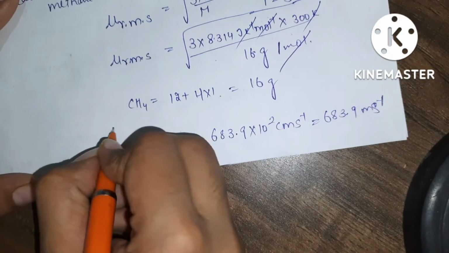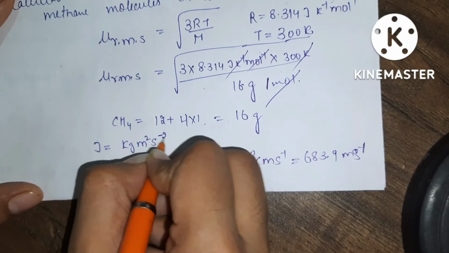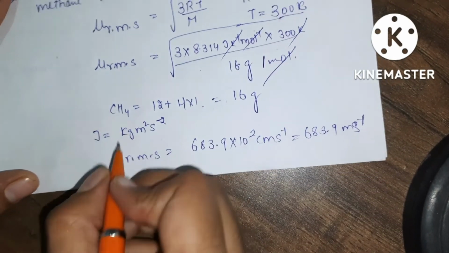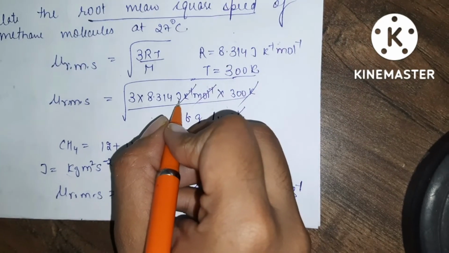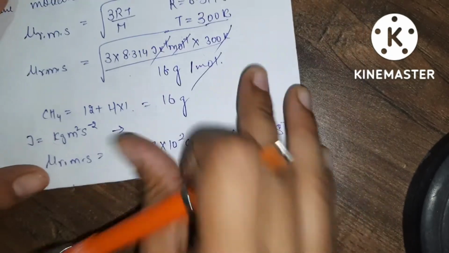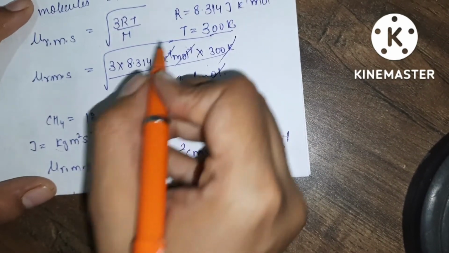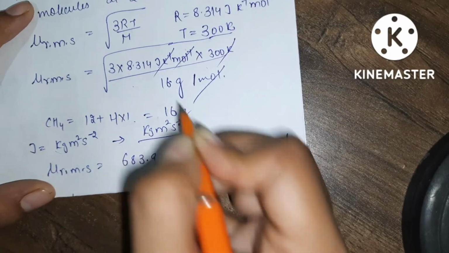What is joule? Joule is kilogram meter square per second square. I want to show you only the units.